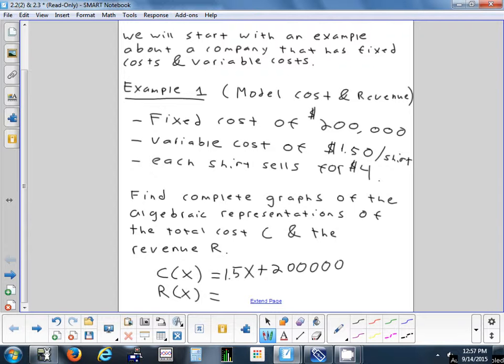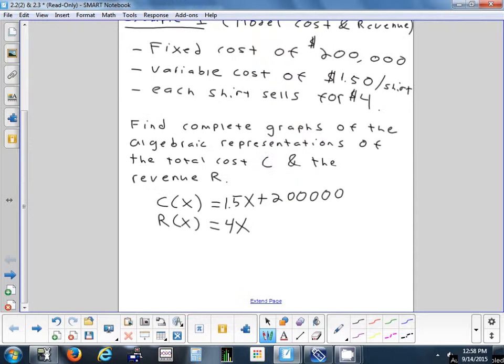But revenue in this example is just how much money they take in. Yeah, 4x. Now, if we wanted profit, which I think, Graham, is what you were kind of thinking, profit is when you take your revenue and subtract your cost. But those are our two equations we're going to graph.